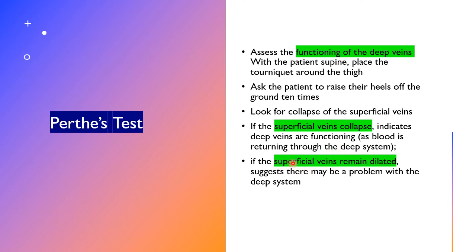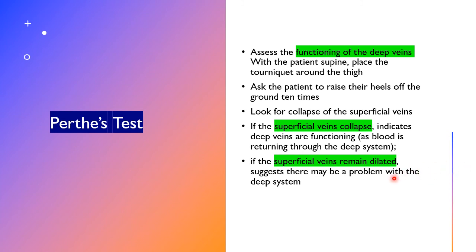If, however, the superficial veins remain dilated or become more dilated, that suggests there may be a problem with the deep vein system, whether it is obstructed or there may be incompetent valves in the deep vein system that prevents the blood from draining from the superficial system.